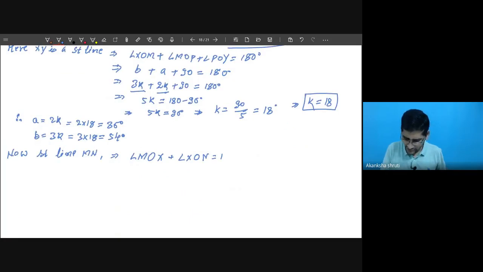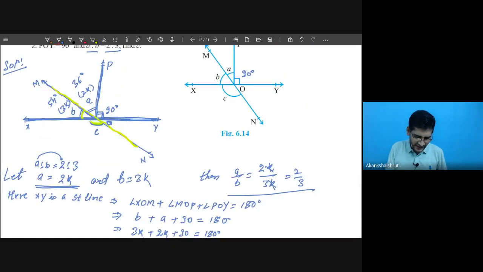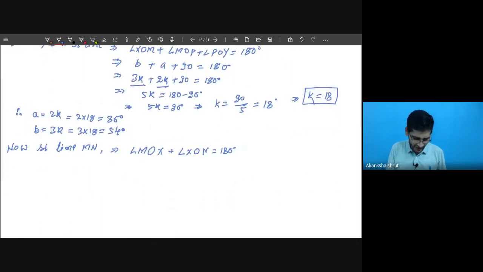XON is equal to 180 degrees. Now substitute. MOX that we have calculated was B, and the value of B that we have calculated is 54. I can directly substitute here 54. Plus XON, this is what is denoted by C, this is equal to 180 degrees.